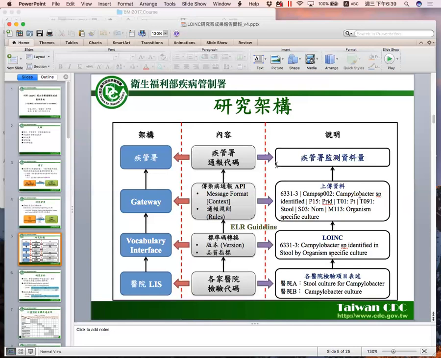So after we have a small meeting to discuss which code is suitable for that, then when we have a global meeting for all other hospitals, we just tell them this. For some specific test, you just use the specialized LOINC code.